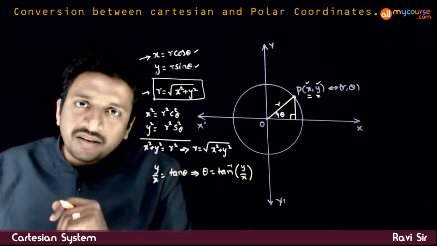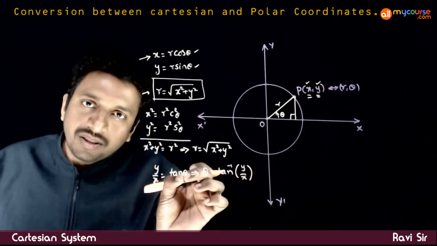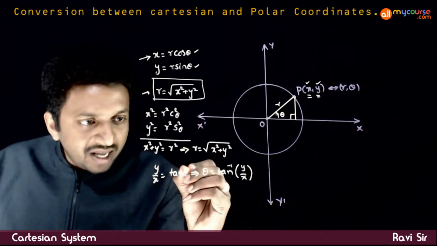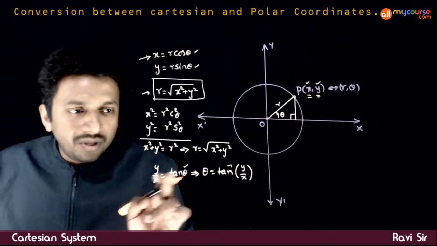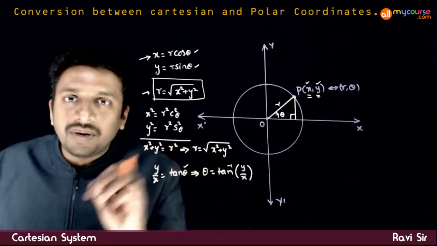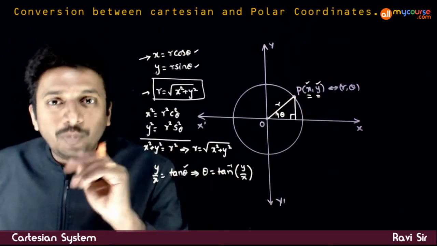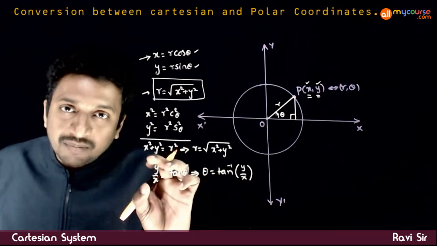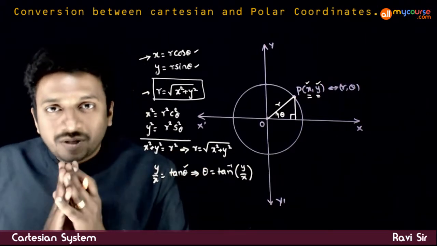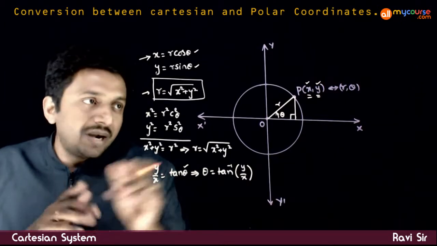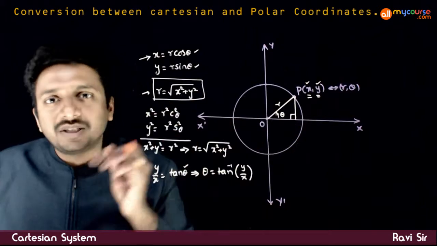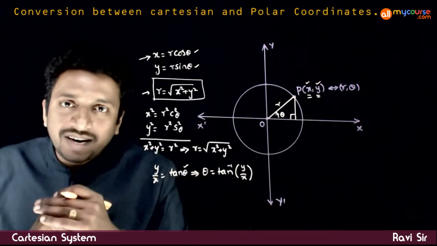But the problem here is that corresponding to a tan theta, theta is not unique. We know that tan theta equal to some number gives you two principal solutions, not just one. But I want the correct theta, so I want only one principal solution. So how do we get this?